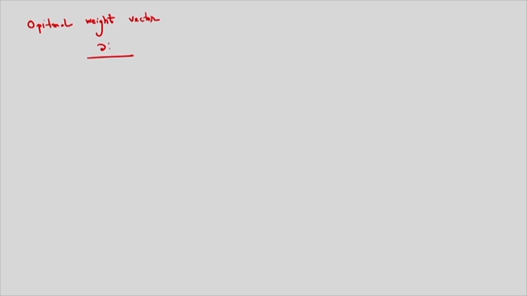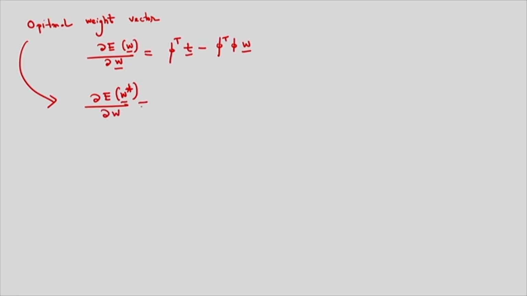I am taking the partial differentiation because I have to consider differentiation with respect to all the components of W. So the optimal weight vector W star satisfies dE(W star) divided by del W equal to 0.